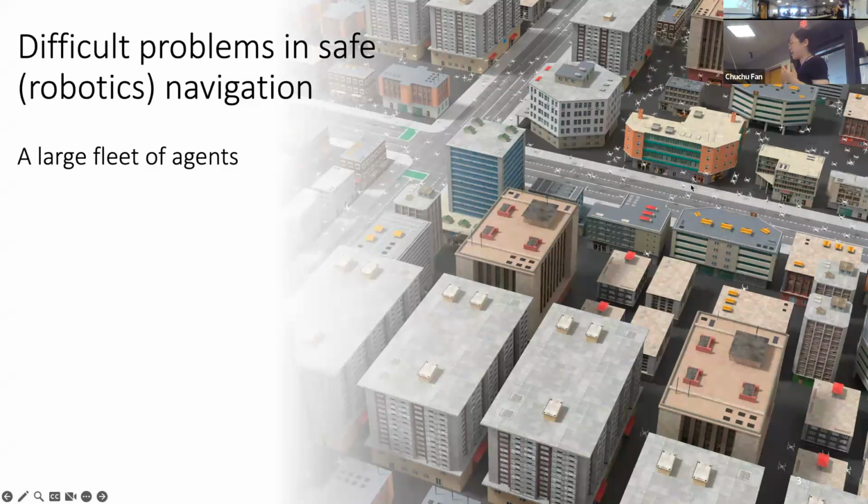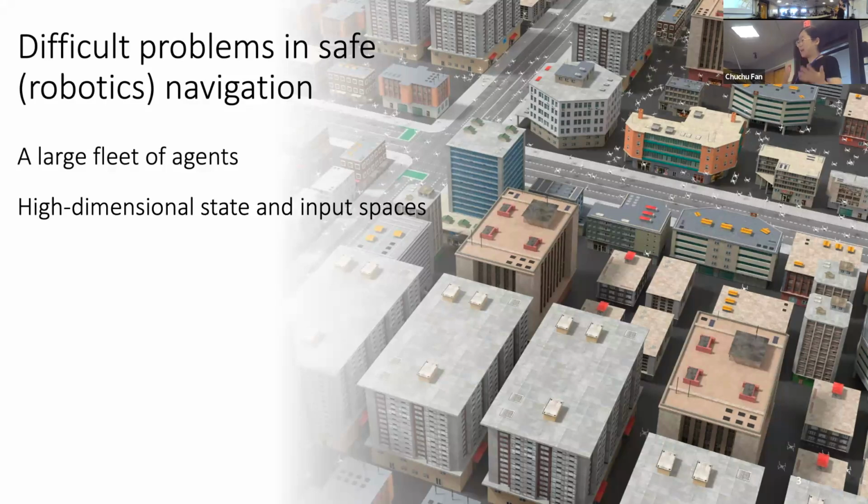So the question I have is, if we imagine in the future that we want thousands or tens of thousands of drones to help us deliver stuff around the city, how would we even make sure they will perform their job, they'll fly to their destinations on time and safely with respect to high-dimensional spaces, including both high-dimensional state and input space.